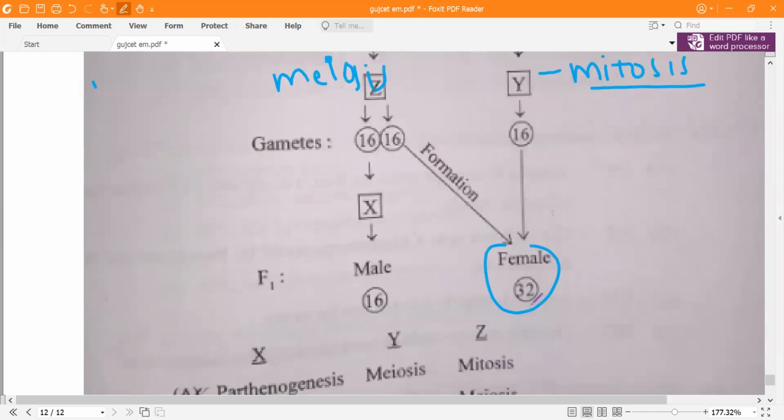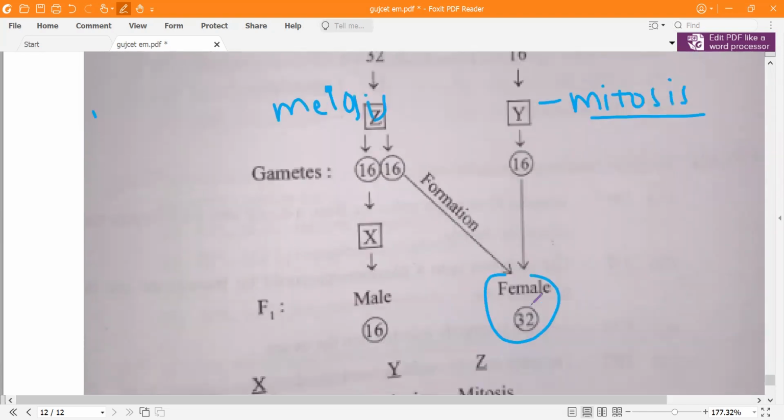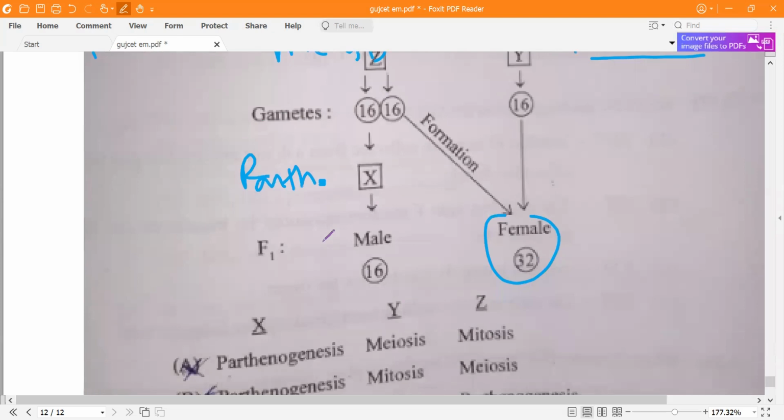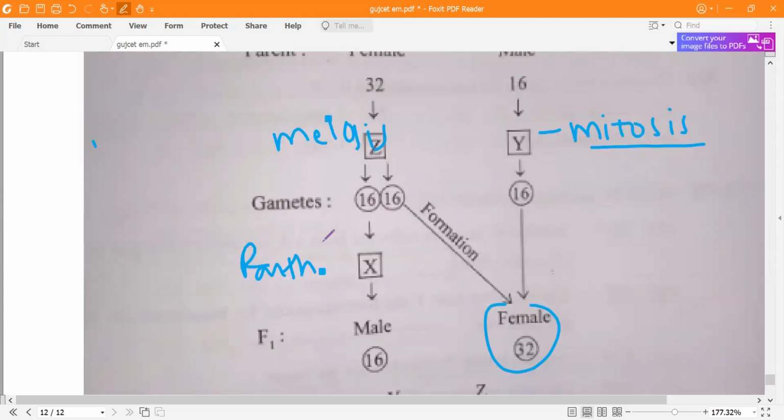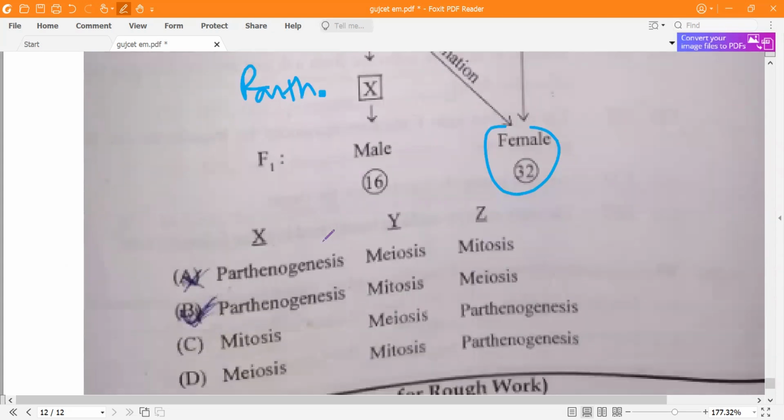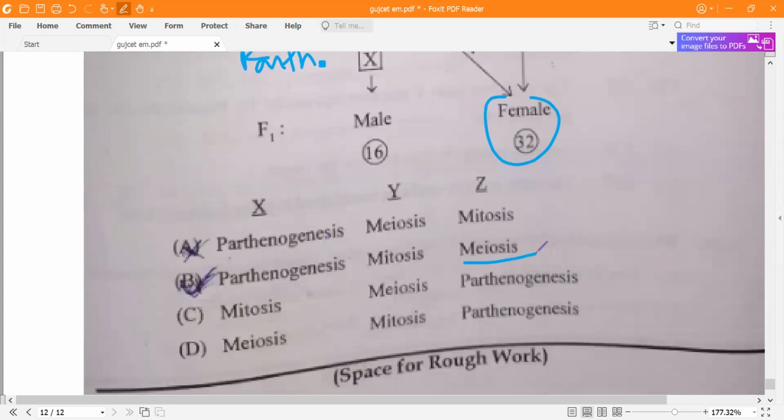This is without fertilization, so there is parthenogenesis. The male is mainly haploid. So you have to choose Z is meiosis, Y is mitosis, Z is meiosis, Y is mitosis, and then you have parthenogenesis. So it is B.